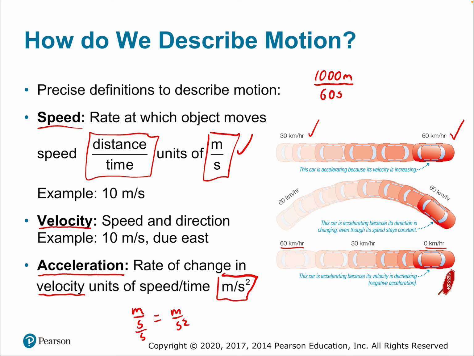And furthermore, if an object changes its heading, so instead of going, say, due north, it turns and starts going a little bit west of north or east of north, well, in that case, that actually is a form of acceleration. In other words, turning, even if you keep your speed constant, is still acceleration because you've changed your heading, therefore you've changed your velocity, and by definition, acceleration is a change in velocity.